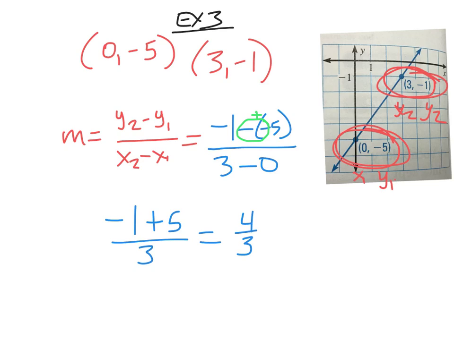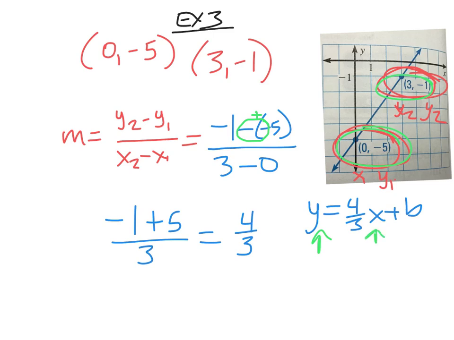Now, without looking at the graph, is there a way to find out what our y-intercept is? So we have y equals 4/3 x plus b so far, correct? Do you guys remember how to find b without looking at the graph? You take either one of these points and you plug it in where the y and the x are.